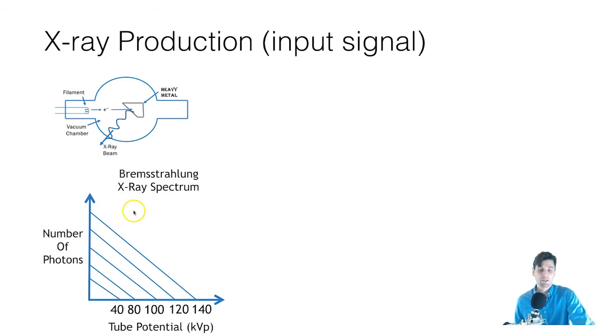If we had just bremsstrahlung radiation, and the X-ray spectrum wasn't filtered, it would look something like a straight line, where at lower energies we have more X-ray photons, and at higher energies we have fewer X-ray photons, because it's less likely to have those interactions where the electron transfers all of its energy to a photon.